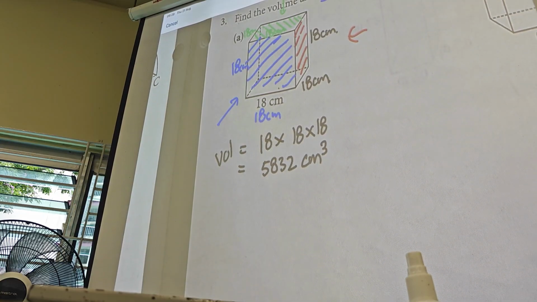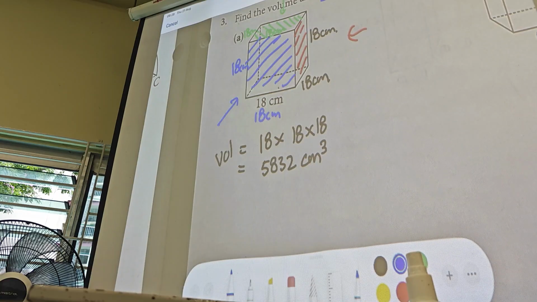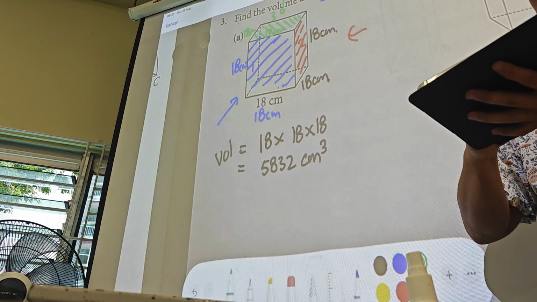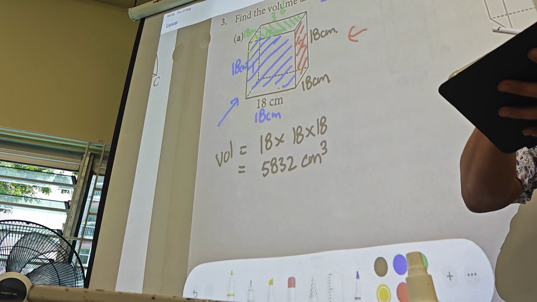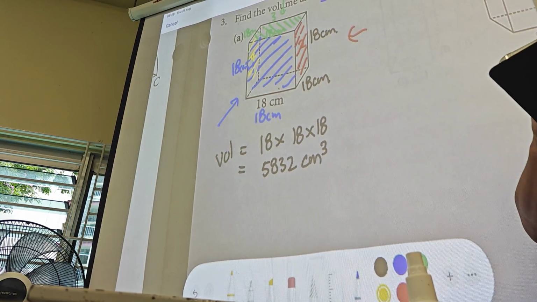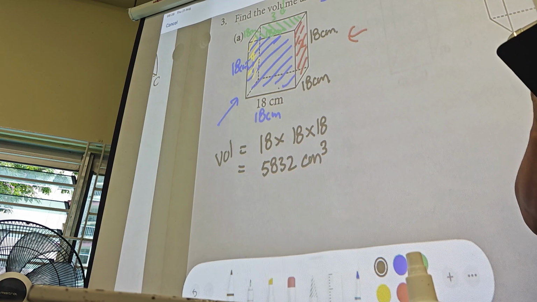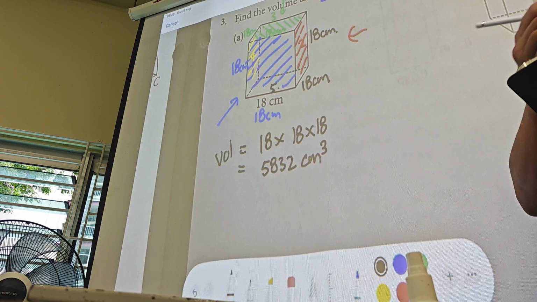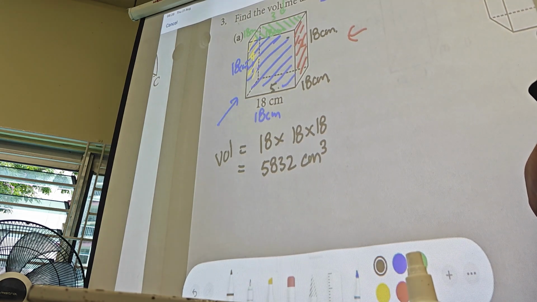So all together, if I were to number, there will be one from the front, one from the right, one from the top, 3 already. Then from the left, this side I have 4. Then bottom, there is a 5, and behind there is a 6.